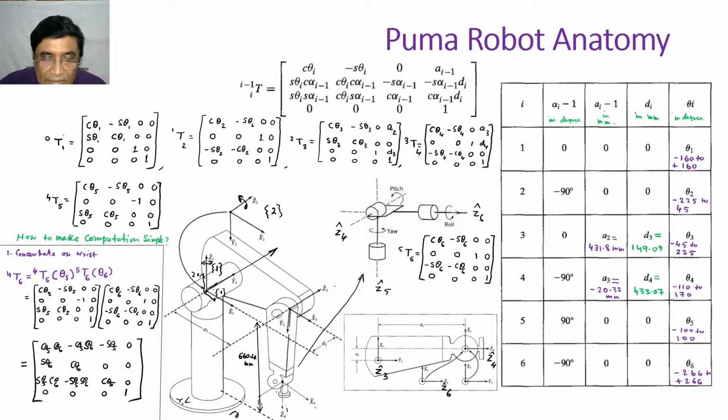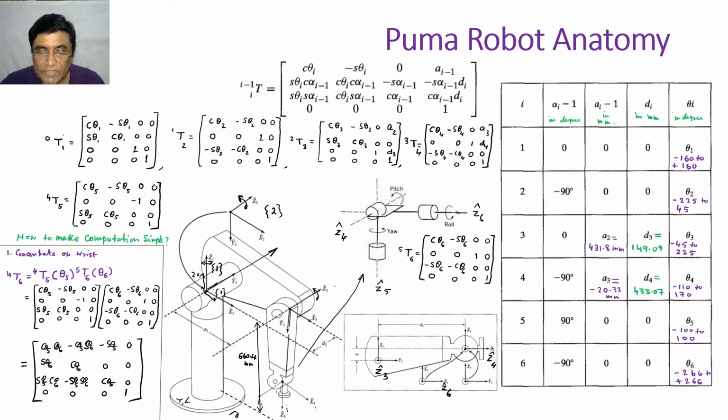Now you need to fix the coordinate frames. First you fix all the Z axes: Z0, Z1, Z2, then Z3. The elbow is moving up and down with respect to this, so you assign a Z axis there and call it Z3. And Z4, 5, 6 you assign by seeing this drawing here.